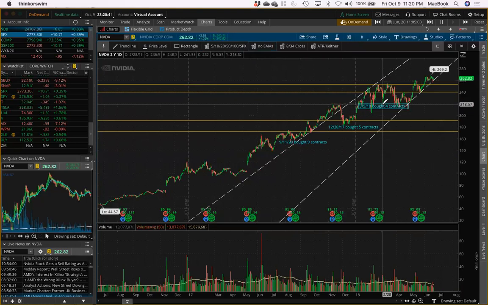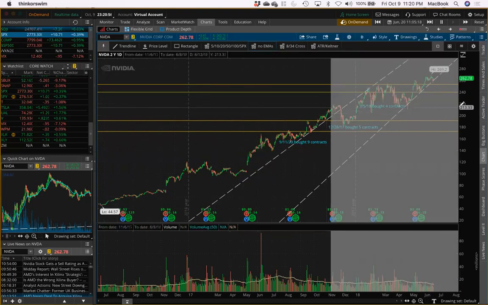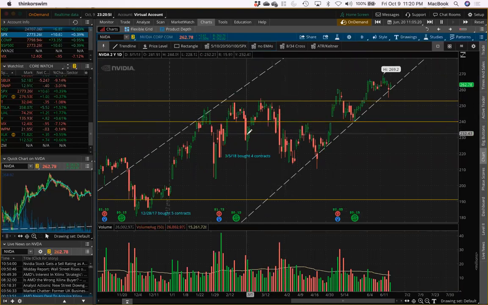Look, we're already at higher prices than when we last bought it. Did I make a note of the stock price at that time? On March 5th, I did not make a note of what the stock price was. We'll just say it roughly closed that day at 235.